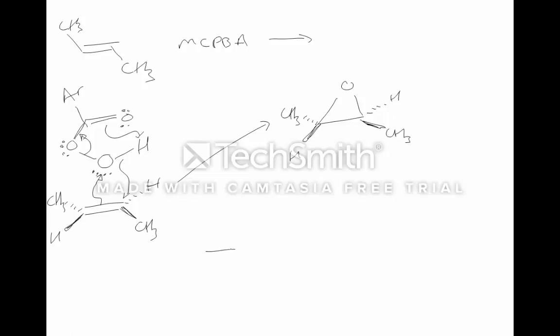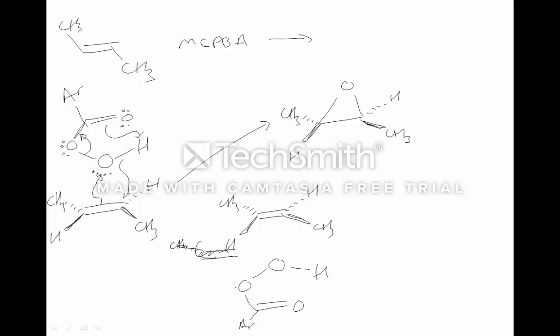Let's draw the alkene right down here. Same alkene. I'm just going to draw it right over here. Make room. Same alkene. Ignore this. Okay. What happens? Let's just flip this 180 degrees and draw this the same way, though.